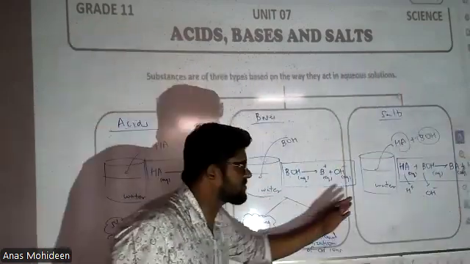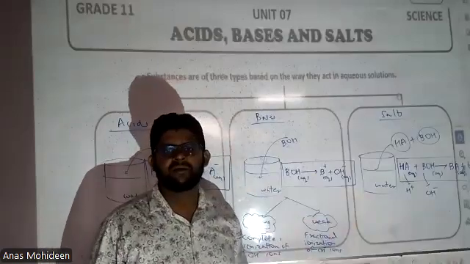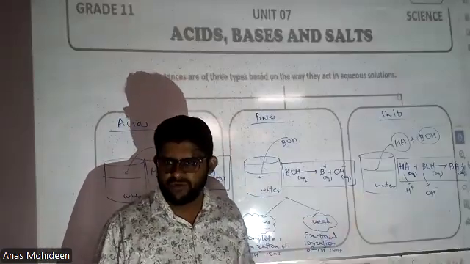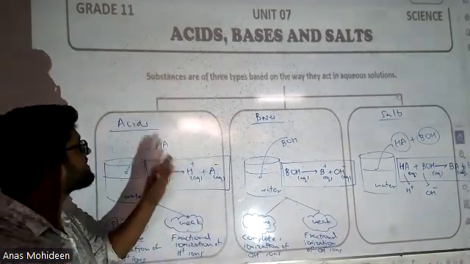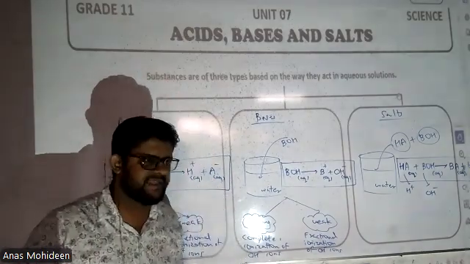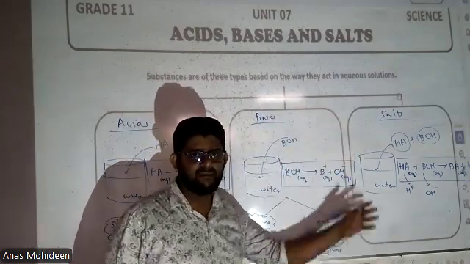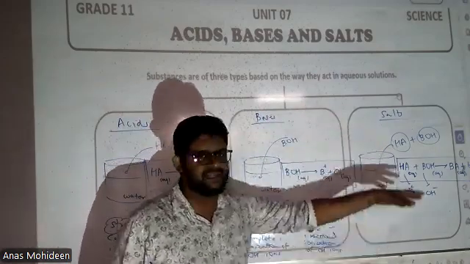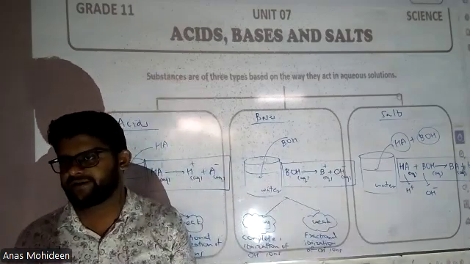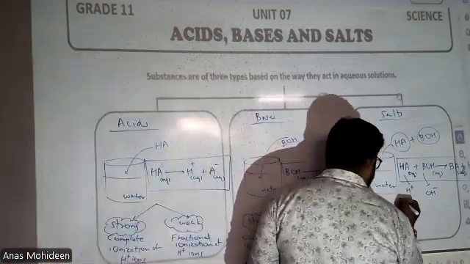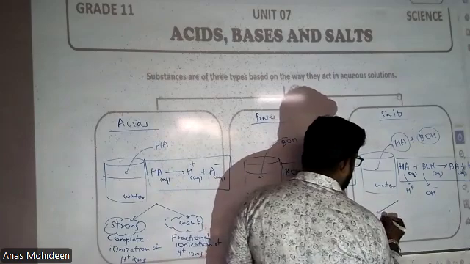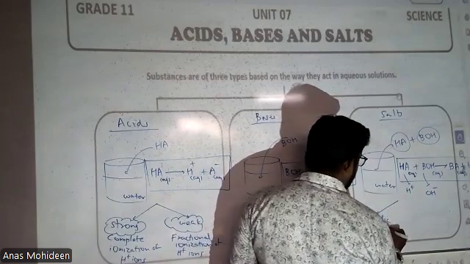So can we divide the salt also into strong and weak? We divide them not as strong and weak, but as acidic and basic. So we divide them as acidic salt, basic salt, and neutral salt. How are we dividing it? Acidic salt, now you know by the word how it comes.